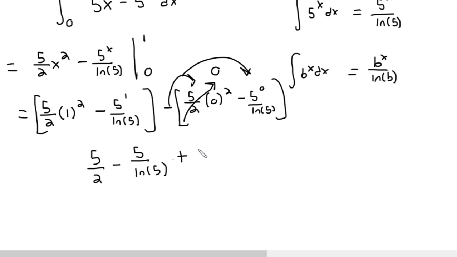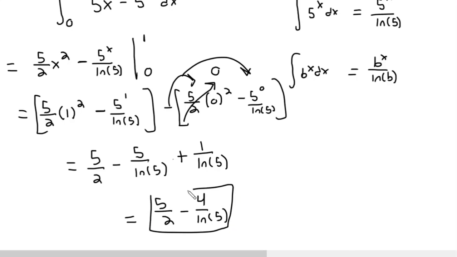Remember that anything to the 0 power is just 1. So 5 to the 0 is just 1 over ln of 5. And I'm going to get 5 halves, I have a negative 5 over ln of 5 and a 1 over ln of 5. So that's going to be minus 4 over ln of 5. And that's my answer right there.